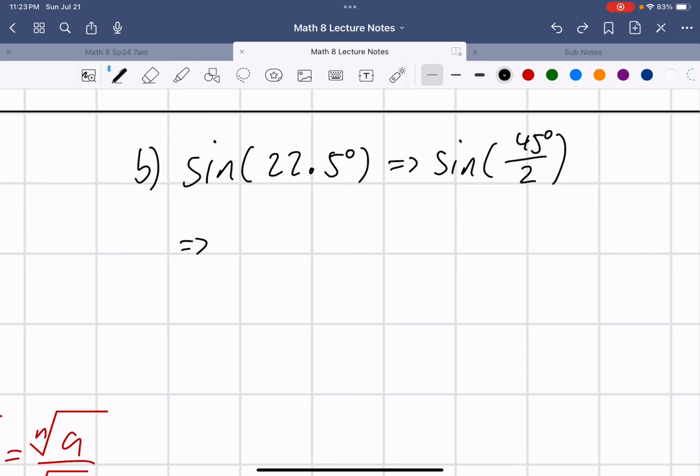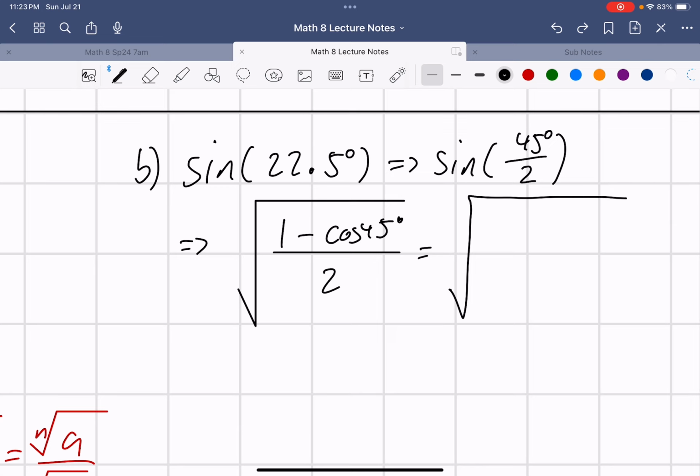And that's going to then become positive square root of 1 minus cosine of 45 degrees, of course, over 2. That leaves us with 1 minus, and we should always remember the 4's, or 45 degrees, real quickly.